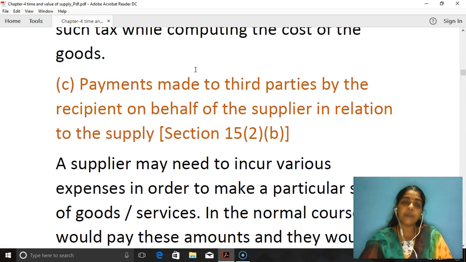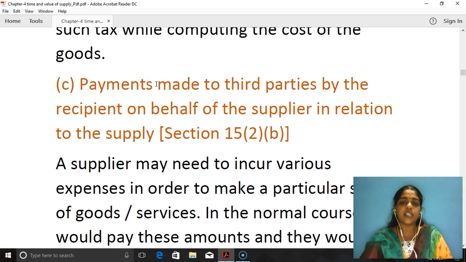Next, payments made to third parties by the recipient on behalf of the supplier in relation to the supply. So the terms and conditions would normally be that the supplier has to bear all the payments, but sometimes even if the payment is made to the third party by the recipient and it is avoided by the supplier, even then that particular payment would be included in the transaction value.